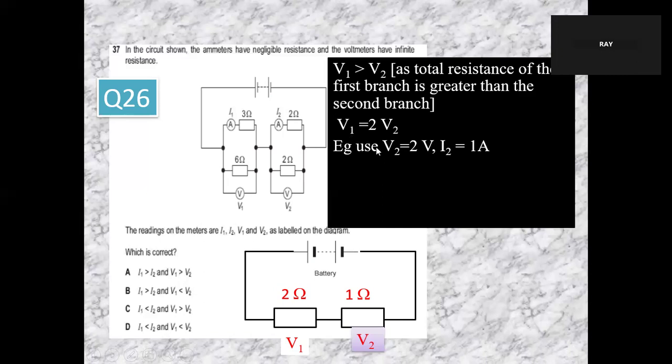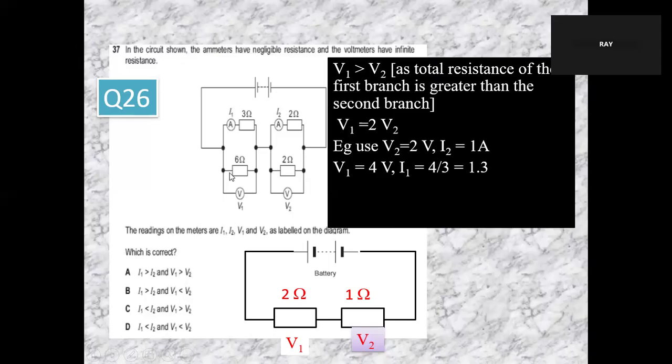V2 is 2 volt, so I2 is 2 divided by 2, which is 1 ampere. And V1 will be 4 volt. Right? From here, V1 is 4 volt. We just give an example. It's faster to see clearer.